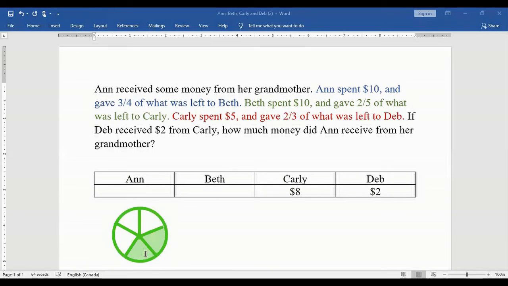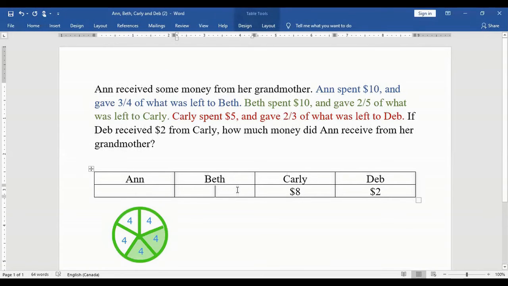All right, if $8 is 2/5, then 1/5 must be $4. All right, so that means Beth had $20 after she spent $10, right? So that means she received $30 from Anne.